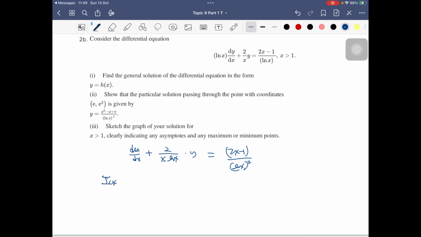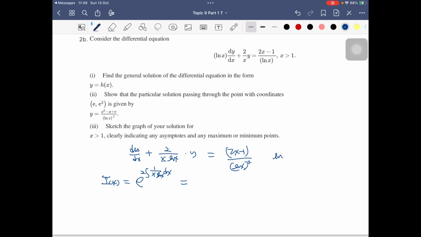So the integrating factor is e to the power of the integral of 2 over x ln x dx. In terms of this integration, we can figure it out using integration by substitution.